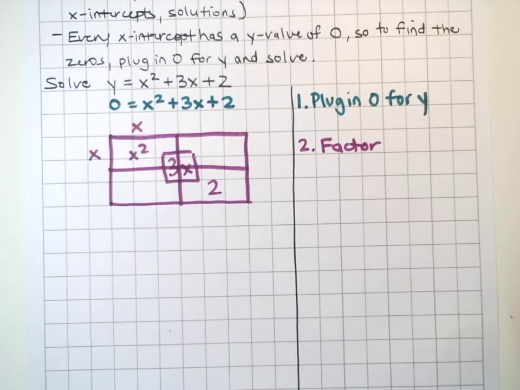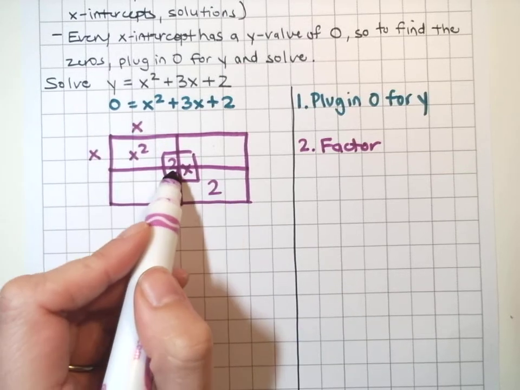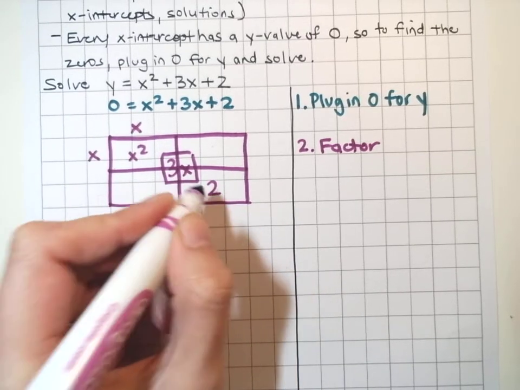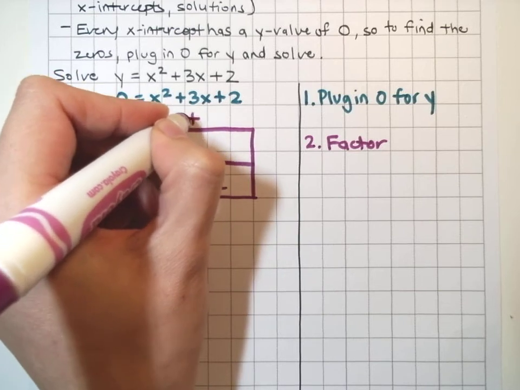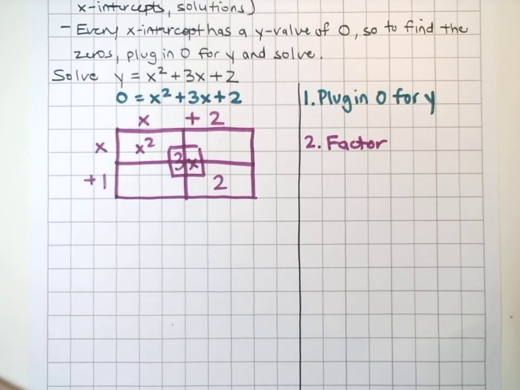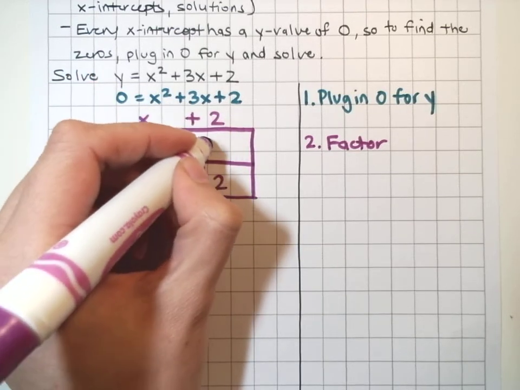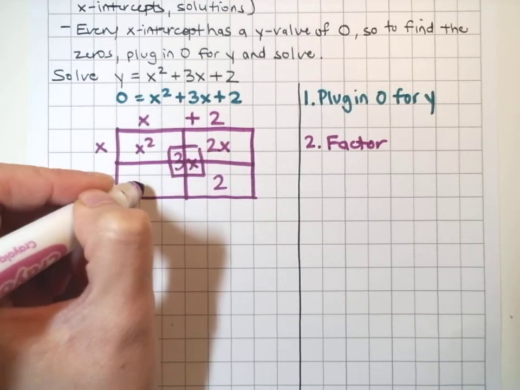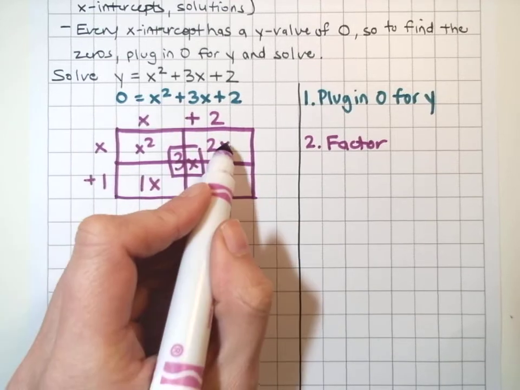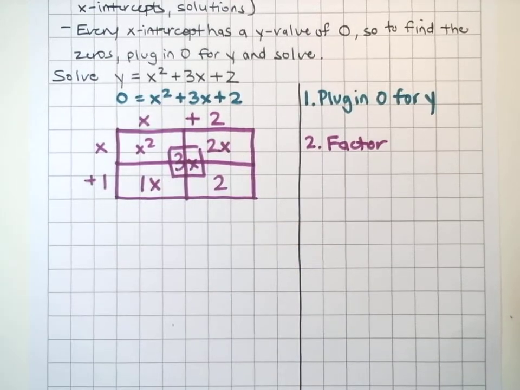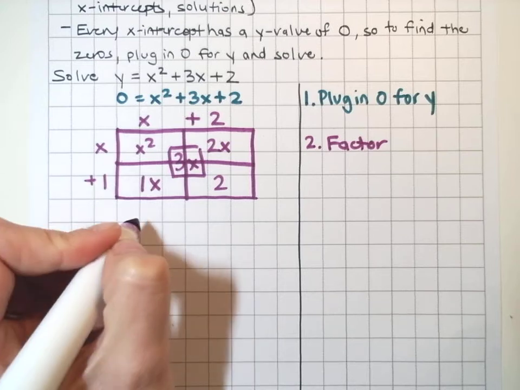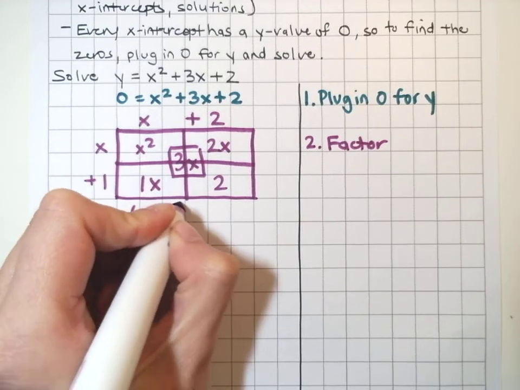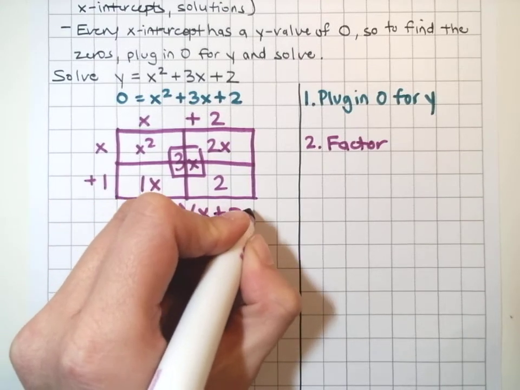That's x and x. Now what multiplies to 2 and adds to 3? That's nice, there's only one option. Positive 2 and positive 1, because x times 2 will give us 2x, and 1 times x will give us 1x. And those combine to form that 3x. So our factors are x plus 1 times x plus 2.